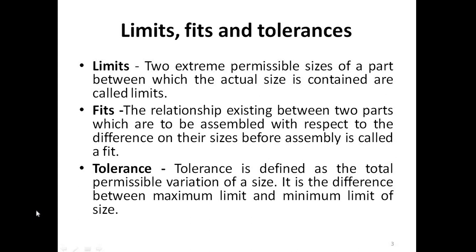Two extreme permissible sizes of a part between which the actual size is contained are called limits. Fits. The relationship existing between two parts which are to be assembled, with respect to the difference in their sizes before assembly, is called a fit.